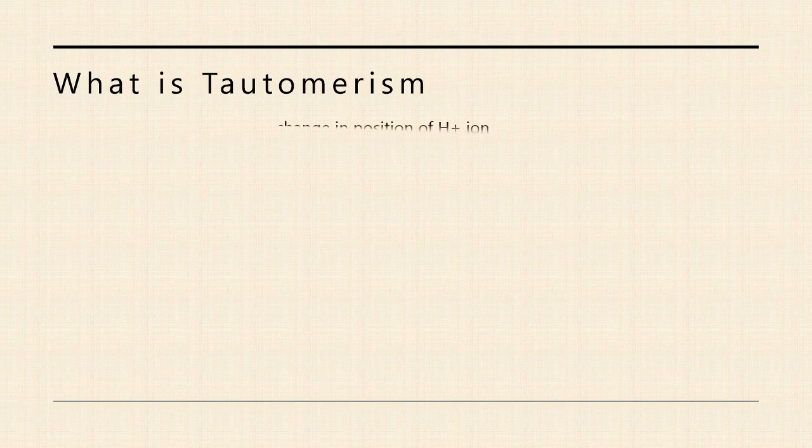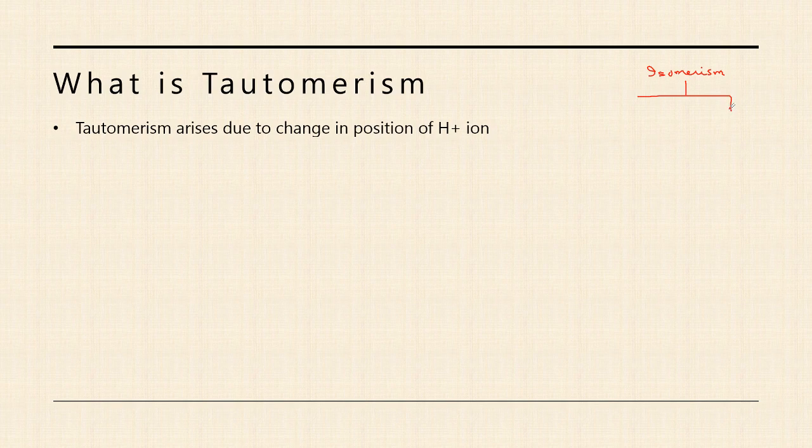Tautomerism is a type of structural isomerism which arises due to the change in position of H plus ion. If I were to write all the types of isomerism that we observe, we can divide it into two major categories. One is structural and one is stereo.